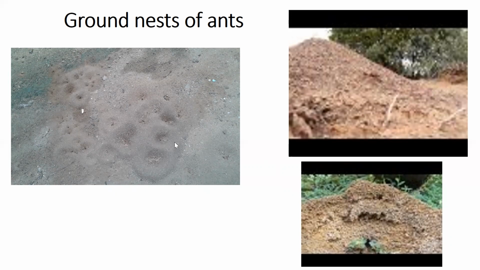That means loosened soil placed around that opening. If you have seen this, definitely inside the soil beneath this structure, if you shovel or try to open it, you will find there is an ant hill, or you can say ant nest. Many ants should live underneath.